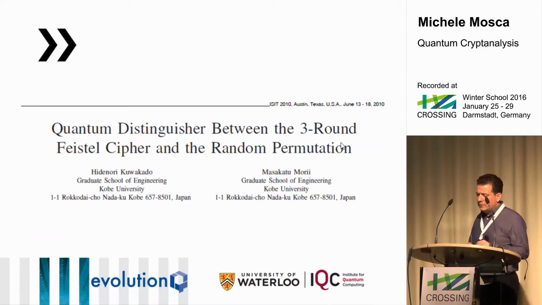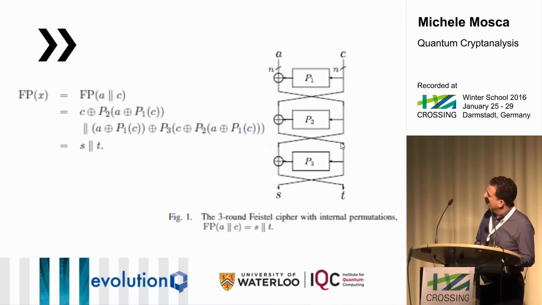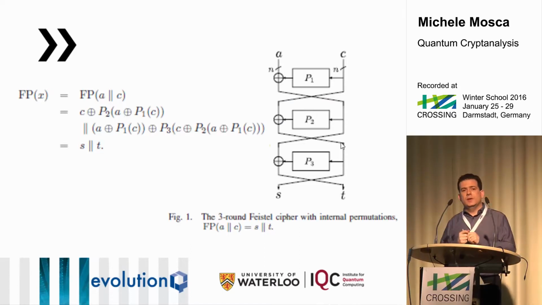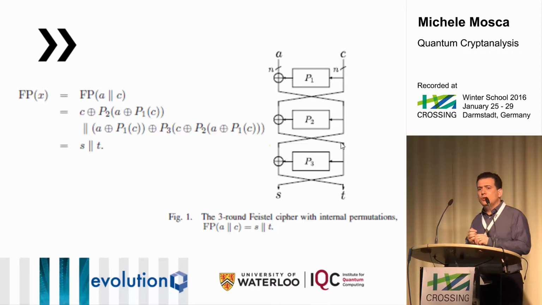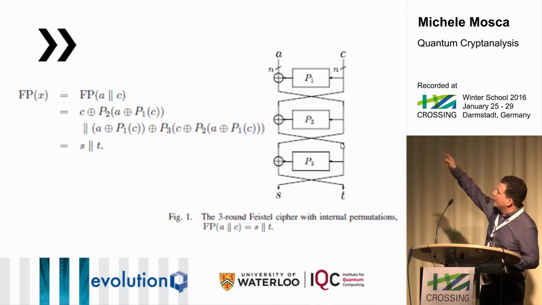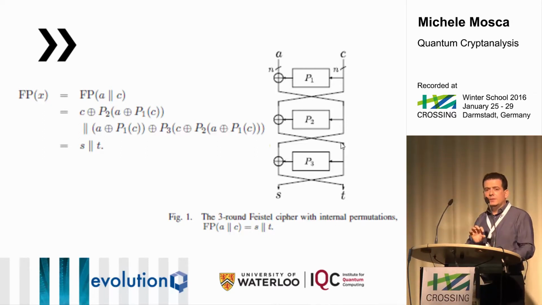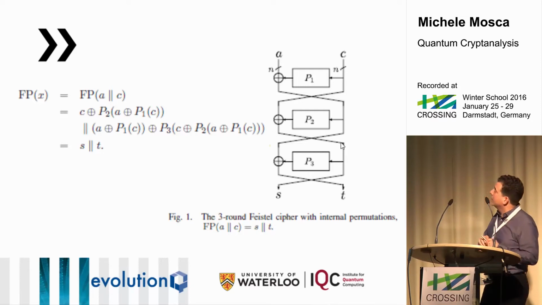So there's another interesting paper that applies it to cryptanalysis. There's 3 round Feistel ciphers. You want to create a permutation on 2n bits. And you assume you have at your disposal 3 permutations on n bits, P1, P2, P3.